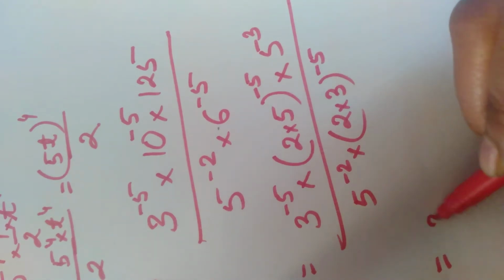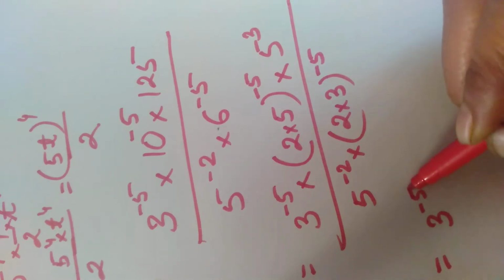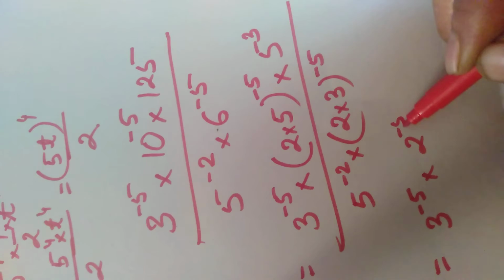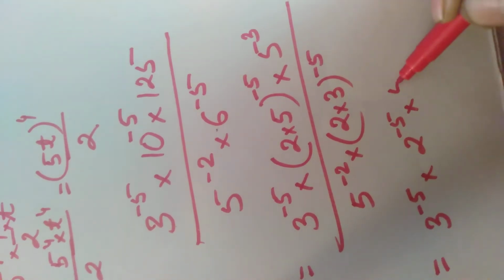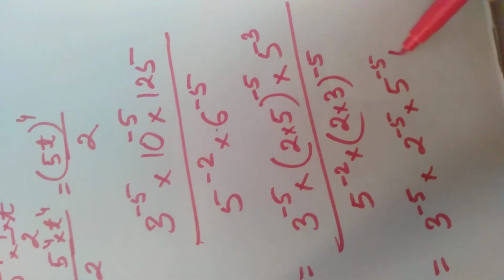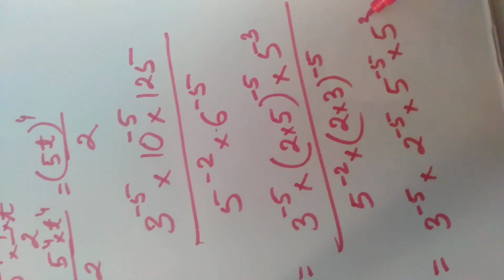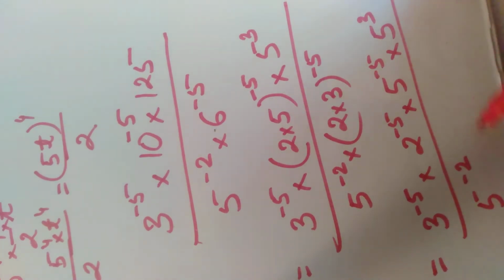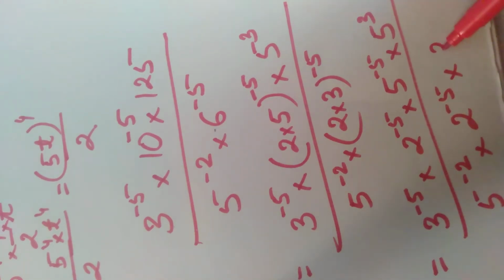3 to the power minus 5 into 2 to the power minus 5 into 5 to the power minus 5 into 5 cube. We have separated out this, upon 5 to the power minus 2 into 2 to the power minus 5 into 3 to the power minus 5.